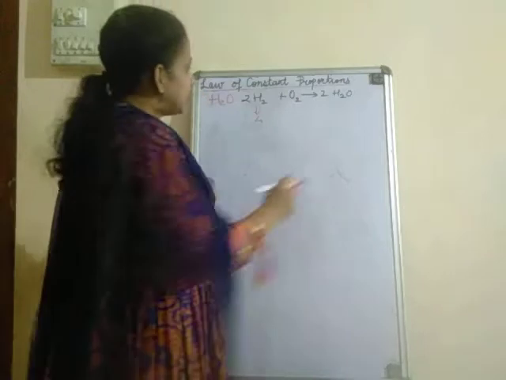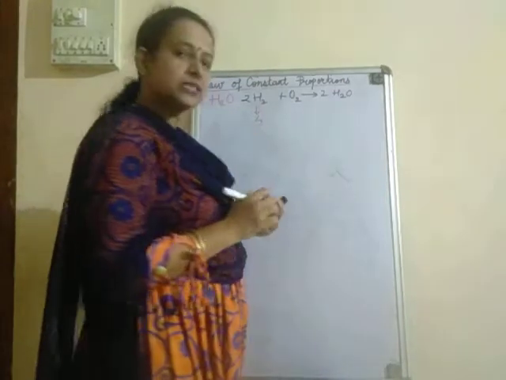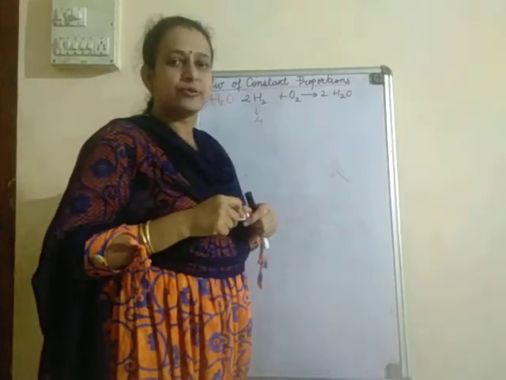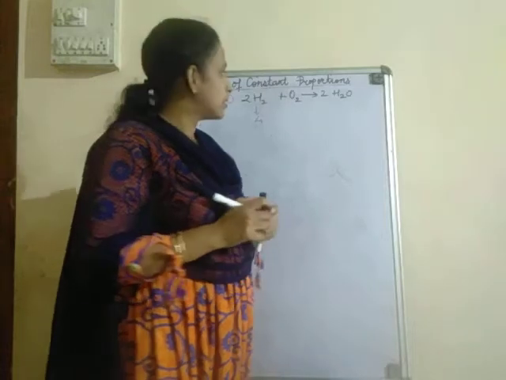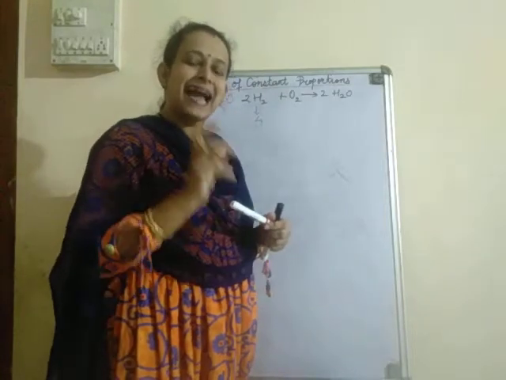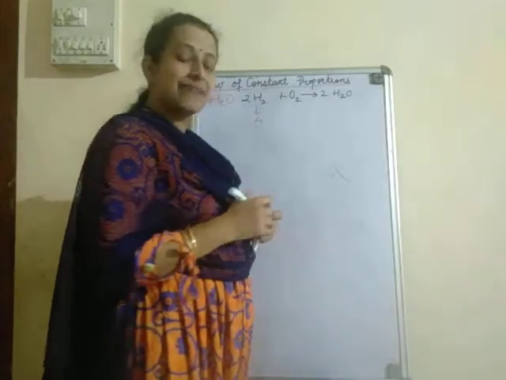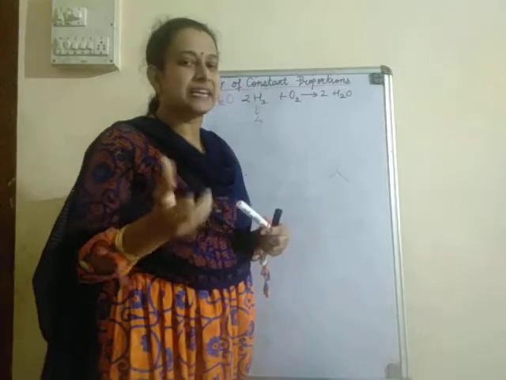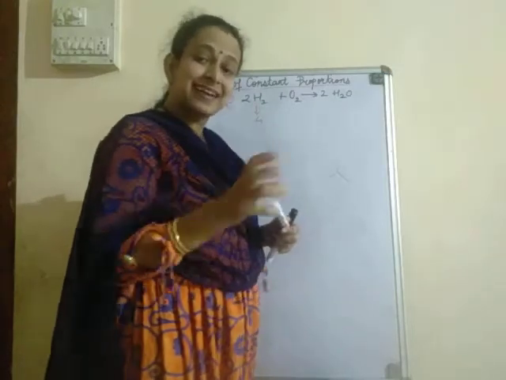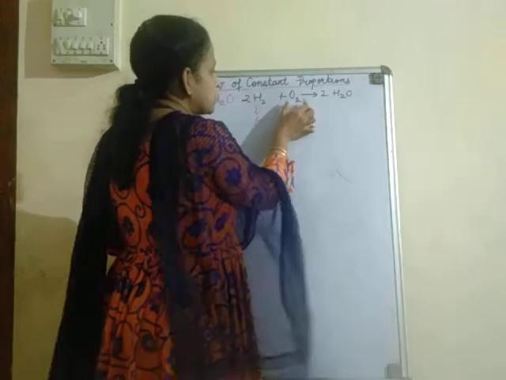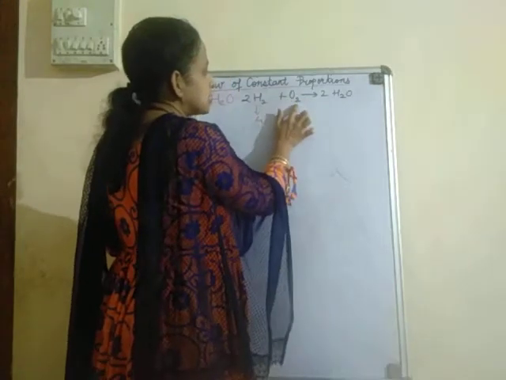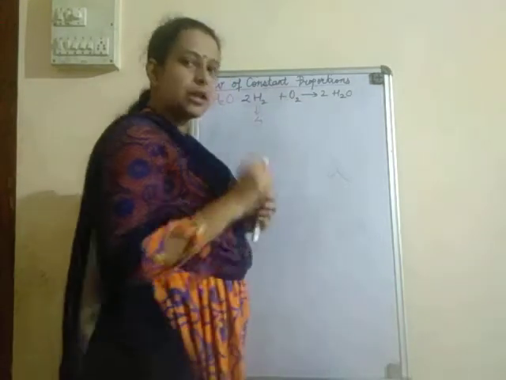Now let us see oxygen. Oxygen has 8 protons and 8 neutrons, so the oxygen atom has an atomic mass of 16, that is 8 plus 8 becomes 16. That is regarding the atom. Now this is the oxygen molecule, wherein you can see 2 oxygen atoms in 1 molecule of oxygen.